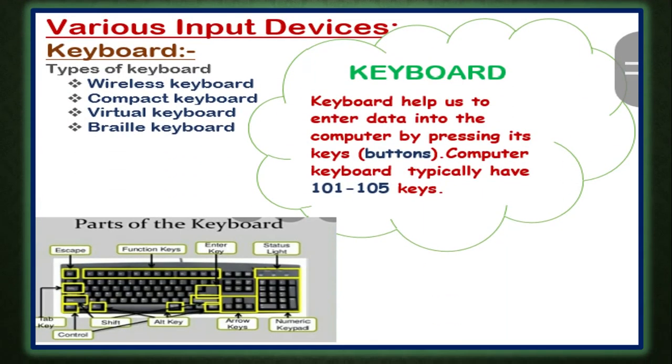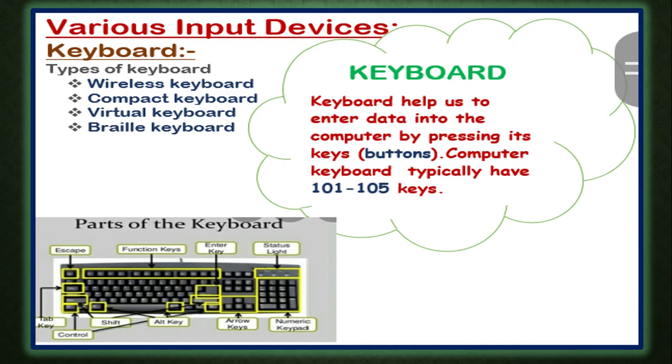First one is keyboard. So keyboard helps us to enter data into the computer by pressing its keys. Computer keyboards typically have 101 to 105 keys. As we all know, keyboard is one of the most commonly used input devices through which we can give input to the computer, or through which we can enter data into the computer by pressing its keys.